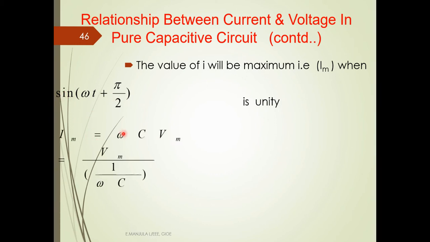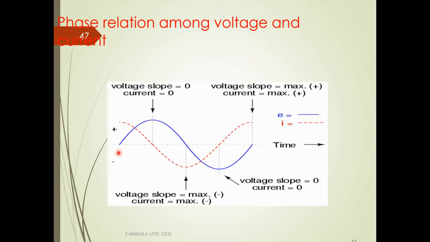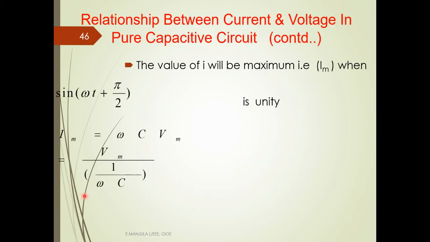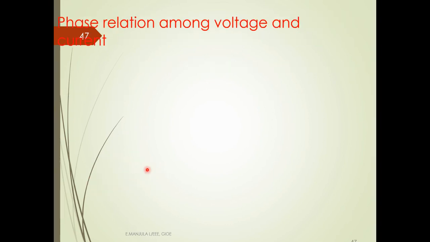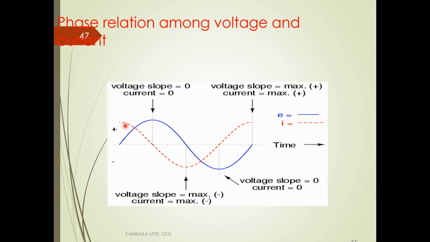So I maximum is equal to omega C V maximum, which is equal to V maximum divided by 1 by omega C. From this we get XC, so XC is equal to 1 by omega C. If you observe the current, the current starts flowing first, so it is leading the voltage. This is the voltage v and this is the current i.